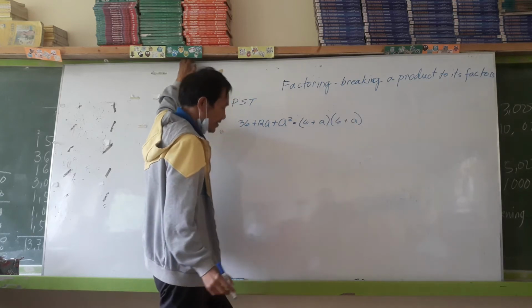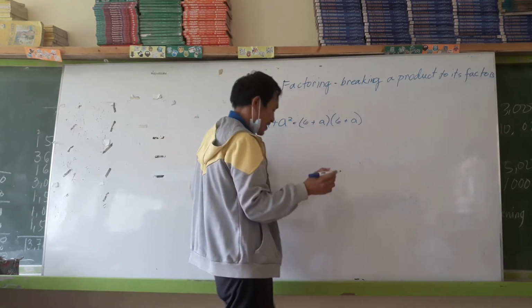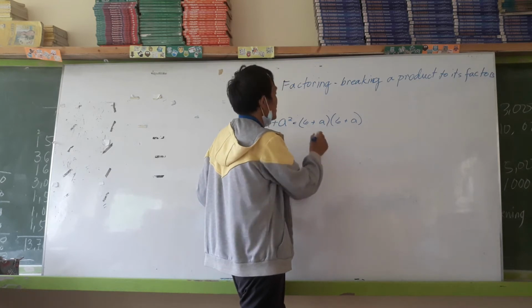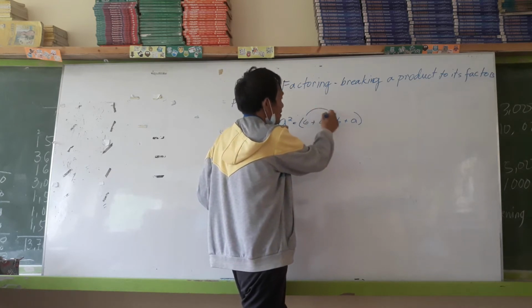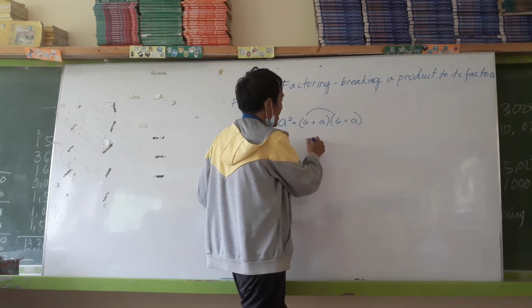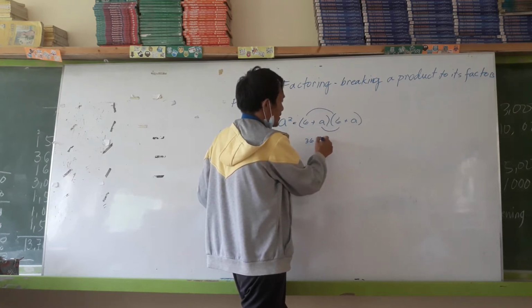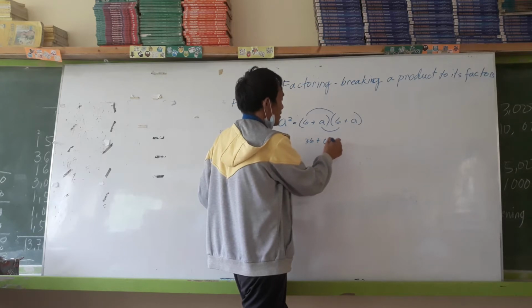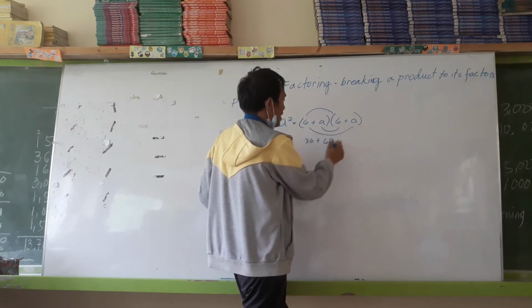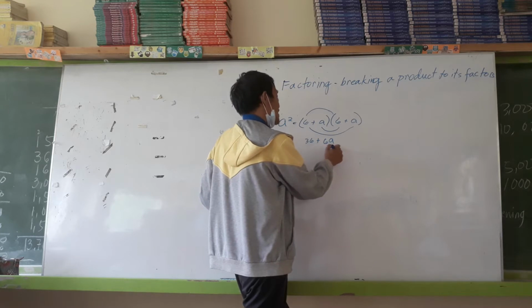Okay? Again, if we are going to multiply these two factors using the FOIL method, so first term to first term, that will give you back 36. You multiply the inner, that is plus 6a. Then multiply now the outer, that is another 6a.